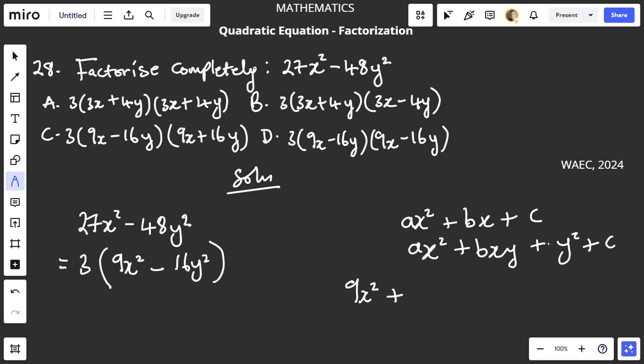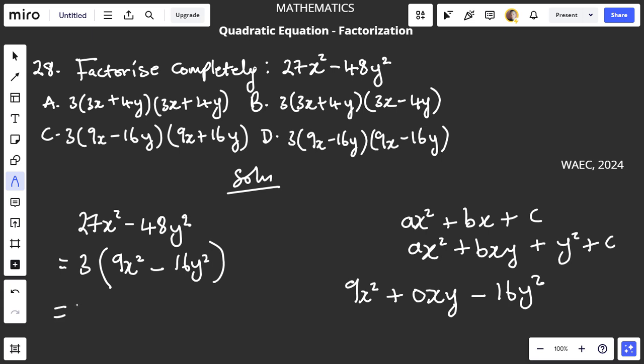Have you seen this example? But since there is no term in x and y, that term is 0, meaning nothing. Then we have minus 16y squared. So that missing term in the middle, of course there is no constant in this one, we have replaced it with 0xy.